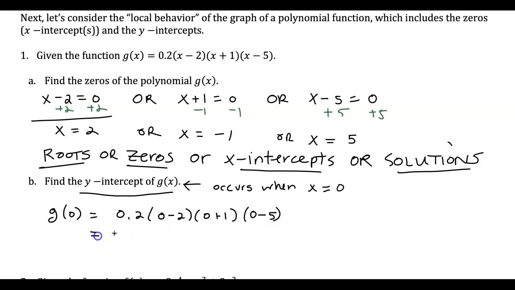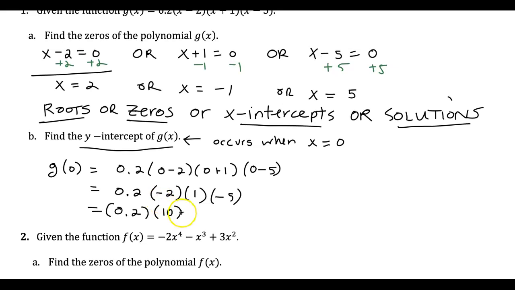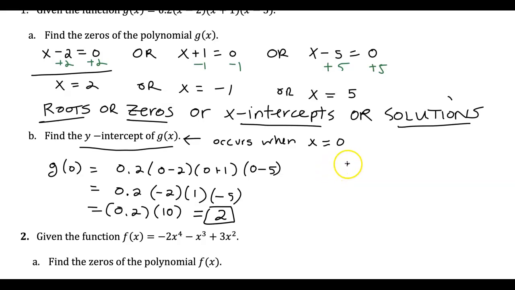And you can see that's just going to be 0.2 times negative 2 times 1 times negative 5, right? Multiplying these two out, you get a 10 times 1. So this is really 0.2 times 10, which is 2. Okay, so the y-intercept occurs at this point 0, 2. So the y-intercept would be 2.